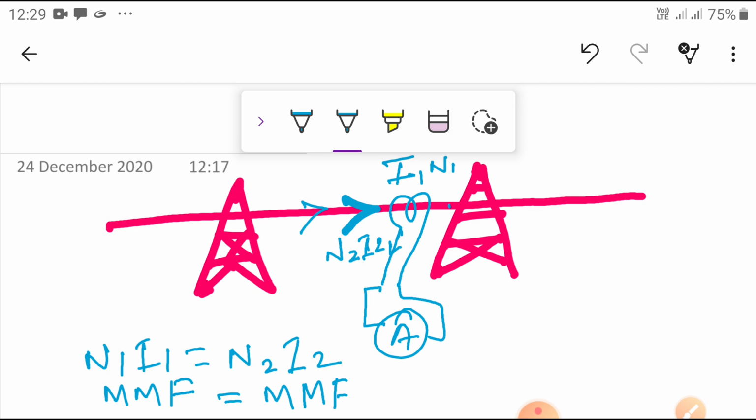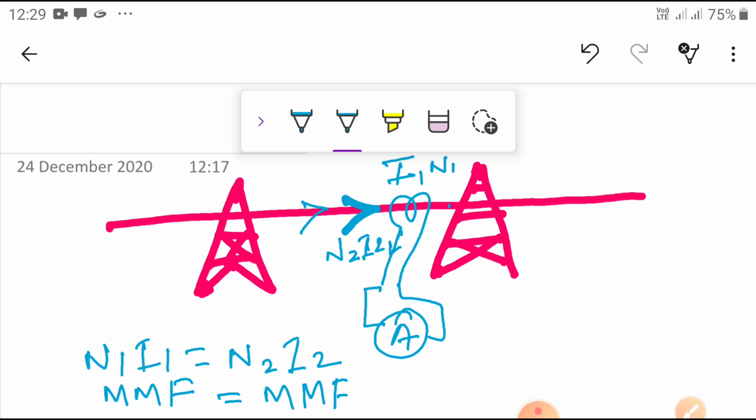Sometimes there is a difference in these values. The difference current flows, the MMF produces the EMF, and the current flows through the ammeter.